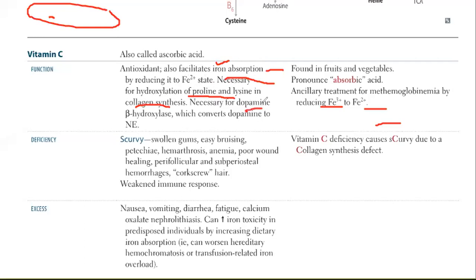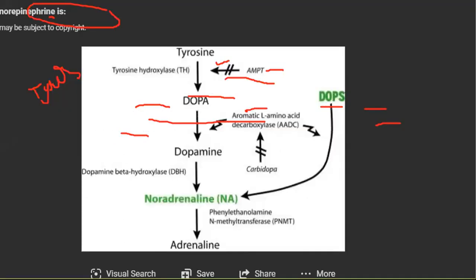Then it is necessary for dopamine beta hydroxylase, which converts dopamine to norepinephrine. Now, you know the pathway of forming norepinephrine is very large and prolonged. It starts from the amino acid tyrosine. I've saved a picture for you.